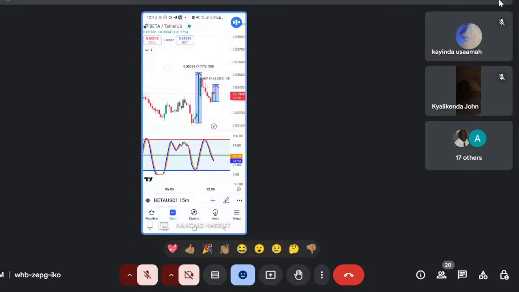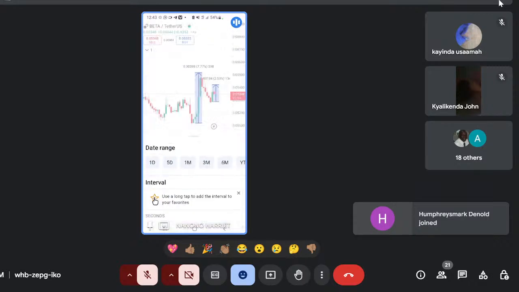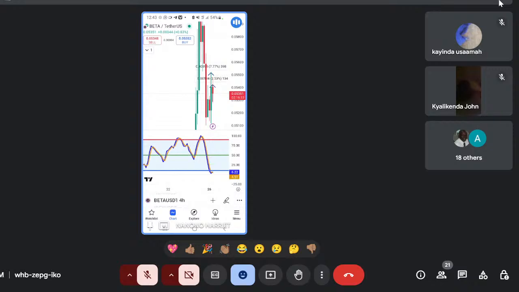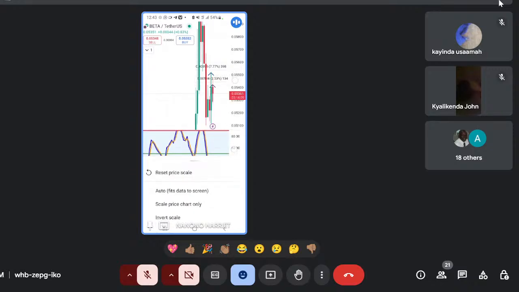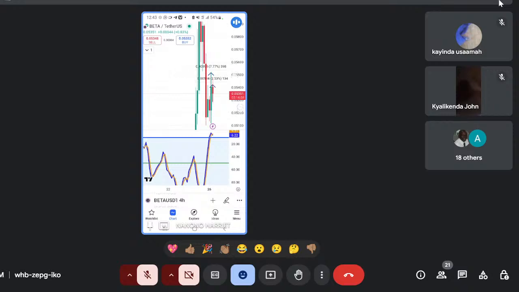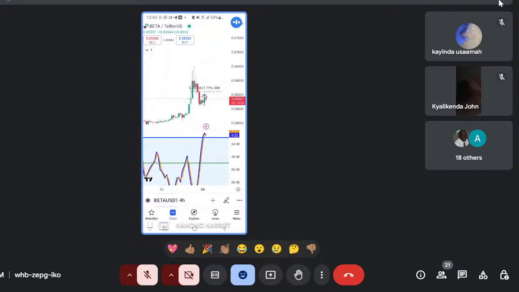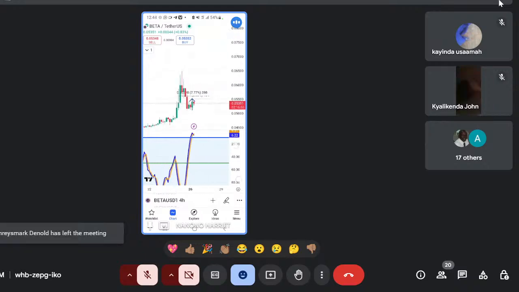It depends on what you want, but as you are using that RSI, please be conscious and stick to your strategy. I remember Leader Usama last week was saying this one is going to be a good trade. This is a good trade, by the way, you people.